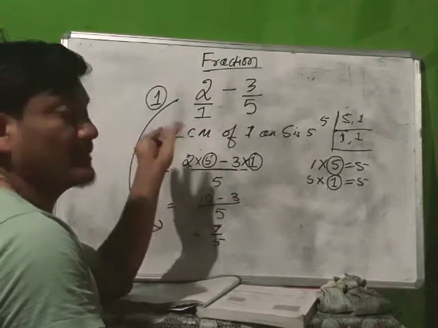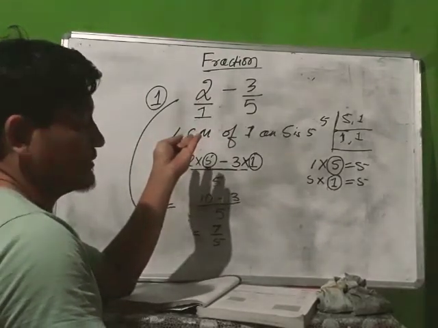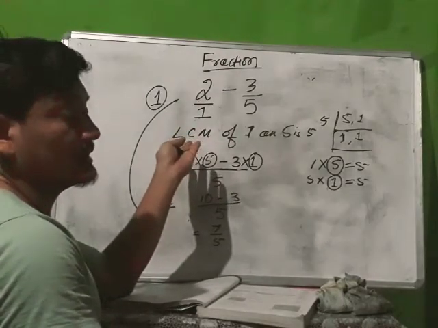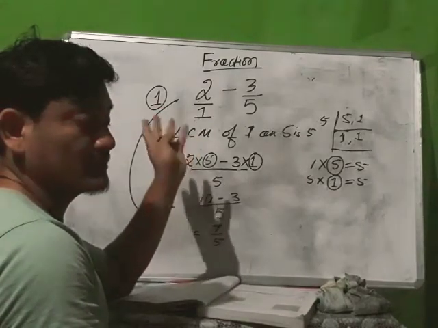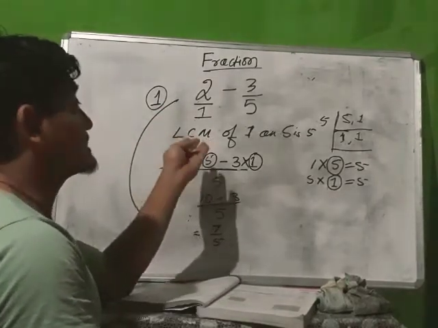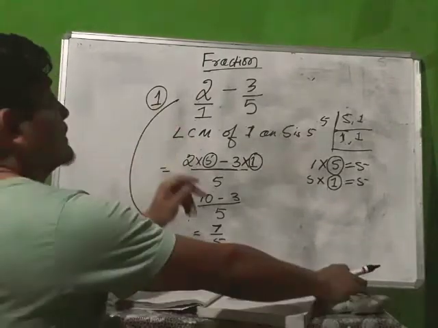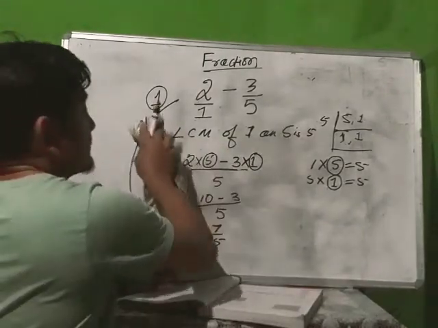Sometimes you may have the same denominator given. In that case, you don't need to find the LCM. You'll just go with the number. Okay, so for example, I'll just show you.